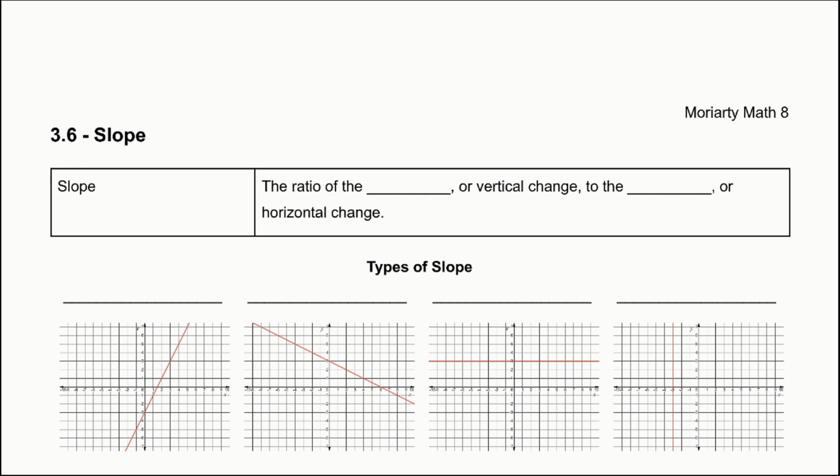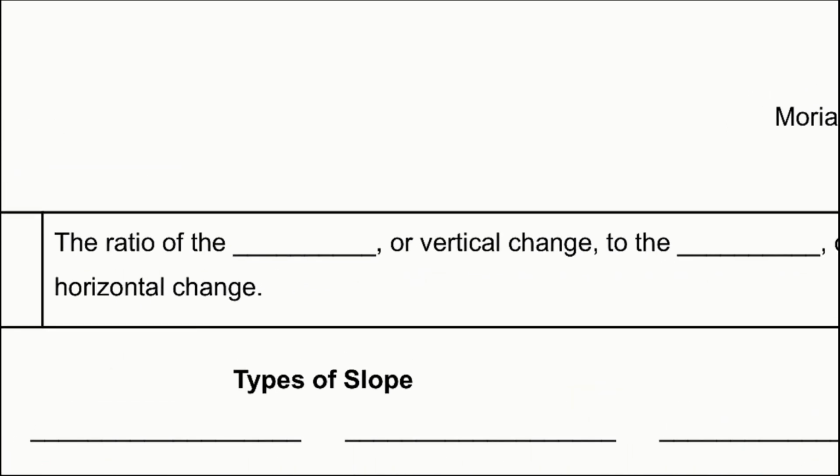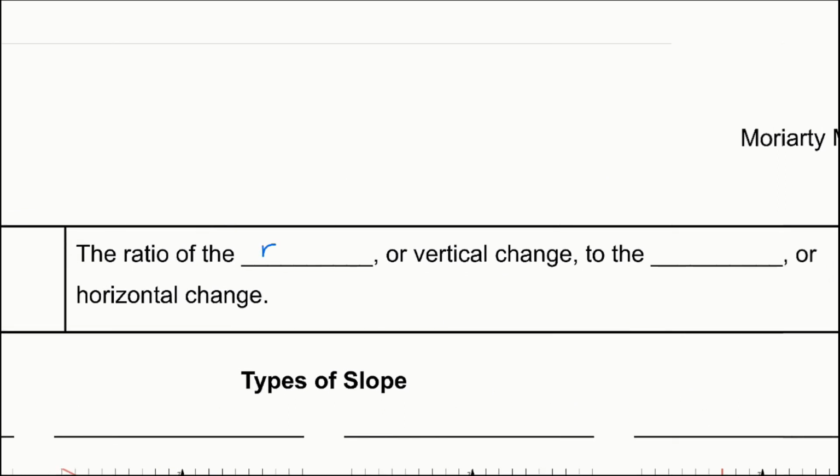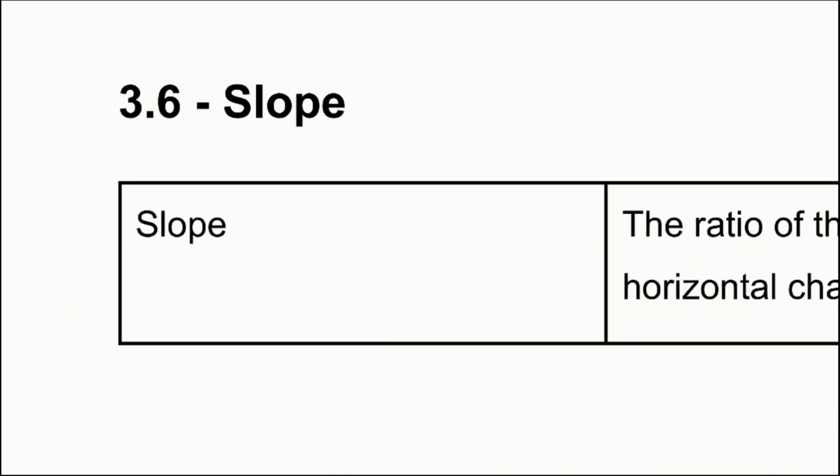Today we are talking slope, which is the ratio of what we call the rise, or the vertical change, to the run, which is the horizontal change. Remember, ratio is a fraction. So what you guys will see this as is rise over run.